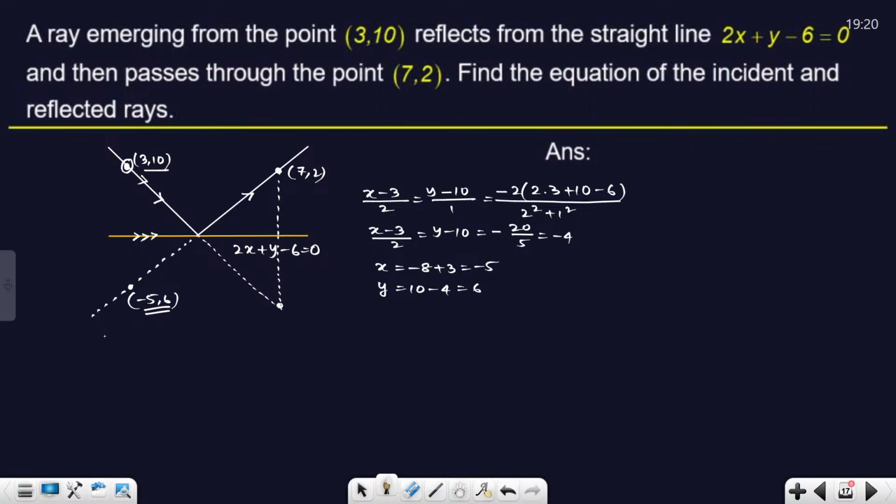Now this point will be a point on the reflected ray. Therefore, the line is passing through 7, 2 and -5, 6. So we will directly apply the 2-point form. So what will be the equation?